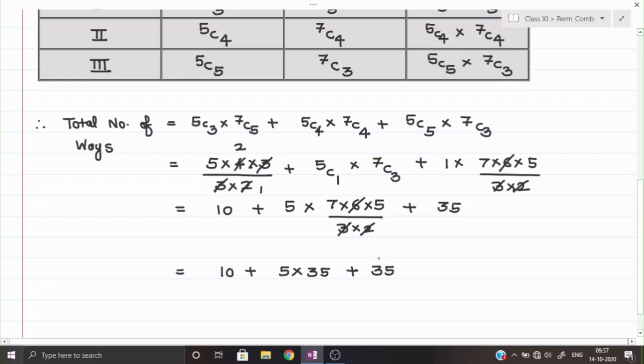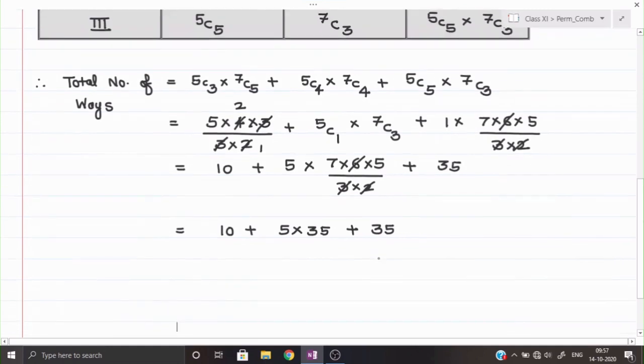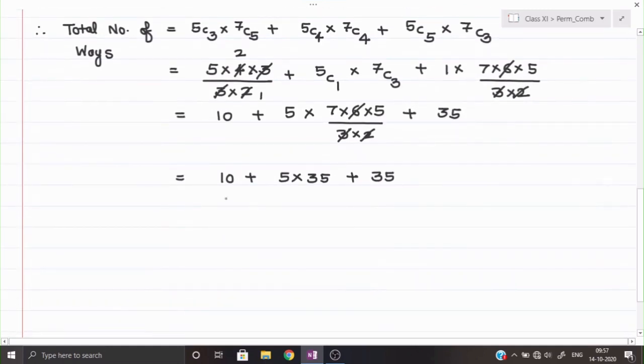So we can do one thing, 35 into 6 we can write. If I take 35 common, this can be written as 10 plus 6 into 35. So 6 into 5 is 30, 0 carry 3, 6 3s are 18, 18 plus 3 is 21. So this is coming 210 according to me.